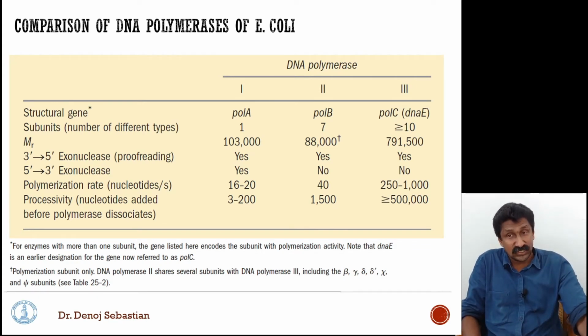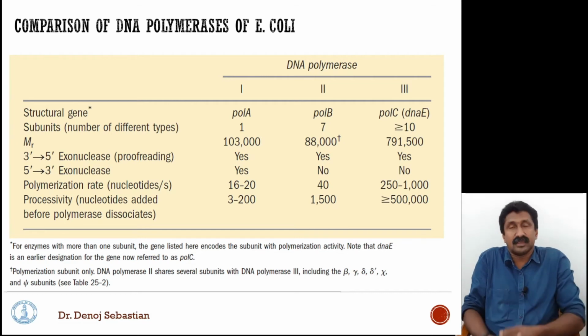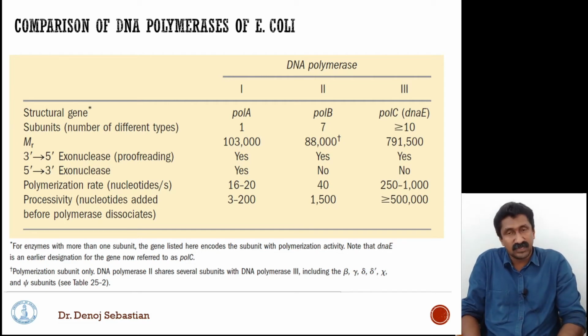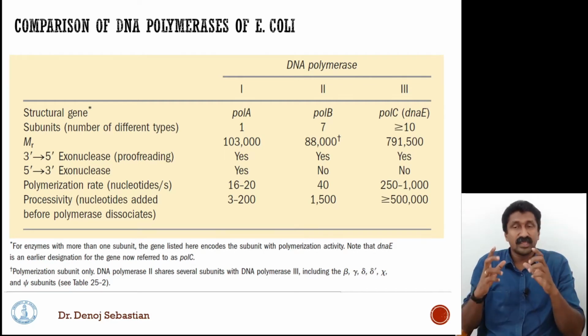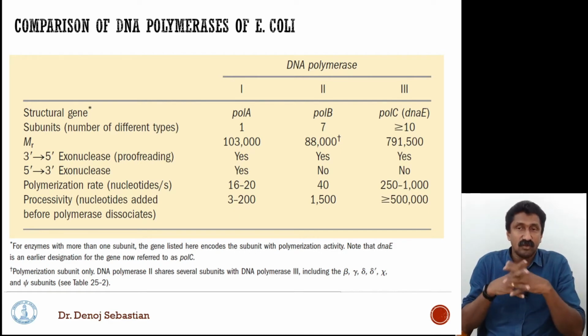Then polymerization rate is another characteristic of the polymerase enzyme. Polymerization rate is the ability of the polymerase to add nucleotides per second, how many nucleotides per second are added to the growing strand.